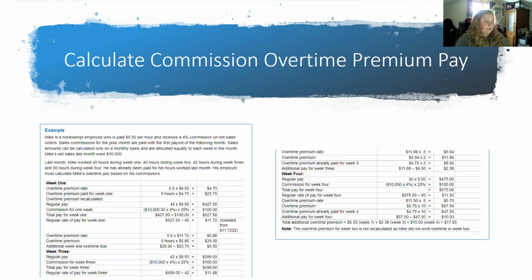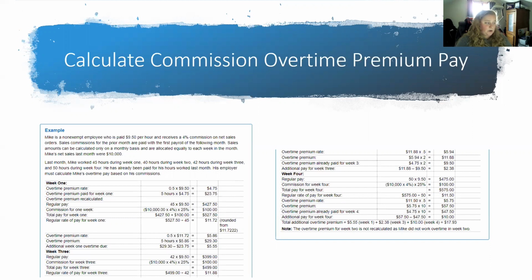His commission for week 1 is going to be 4% of 10,000, and then we multiply that by 25% because we're only looking at 1 week of the month, which gives us $100. So his total pay for week 1 is $427.50 plus the $100, which is $527.50, divided by 45, which is $11.72.